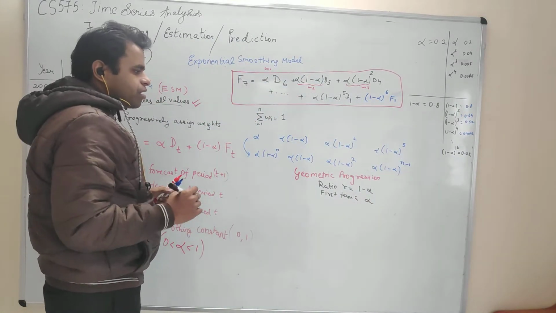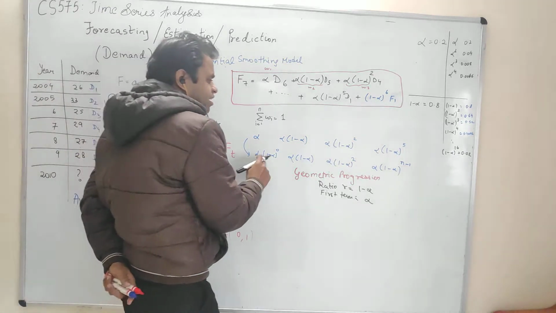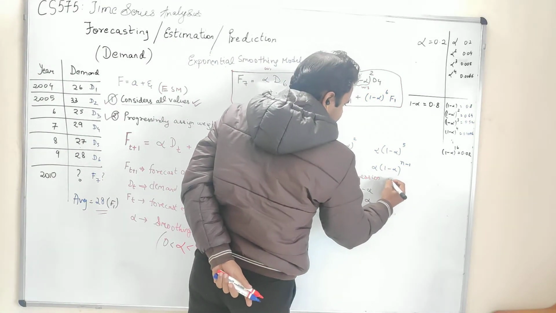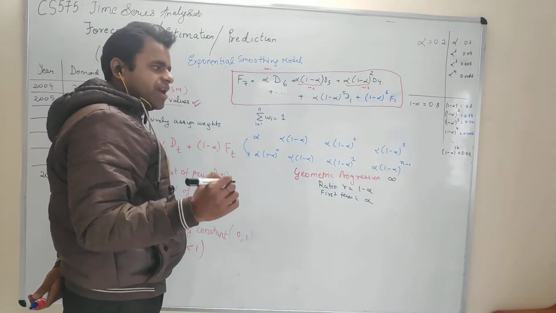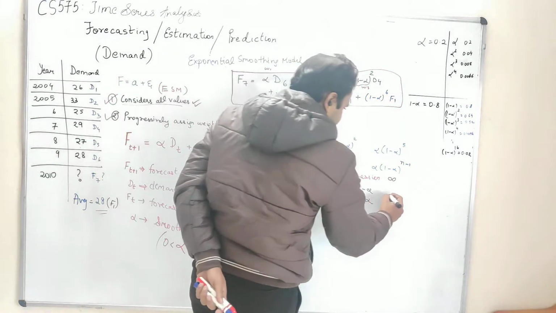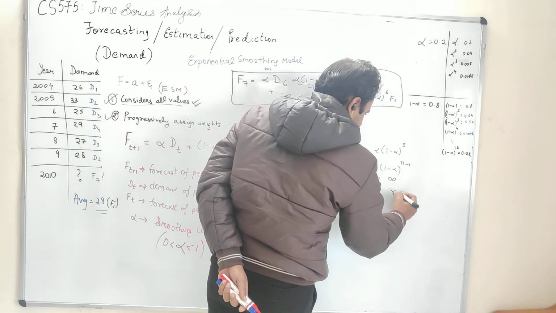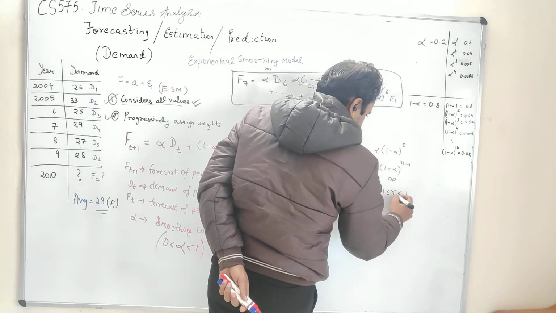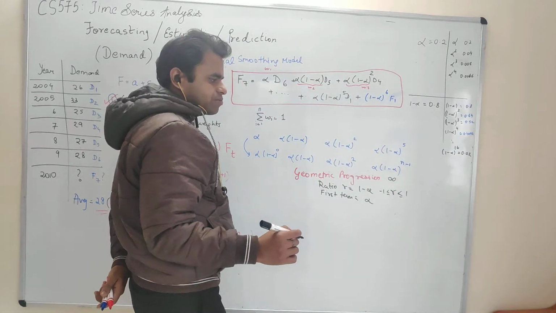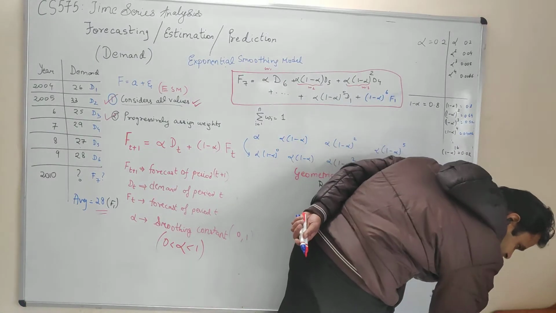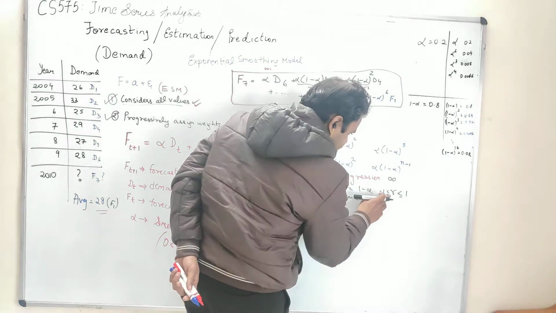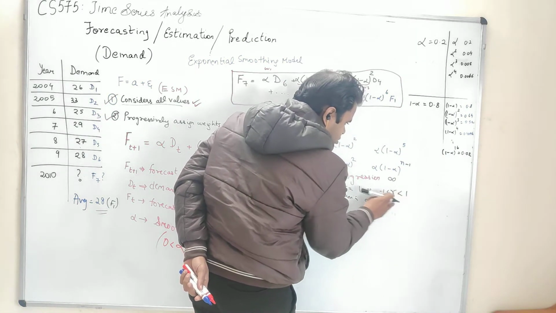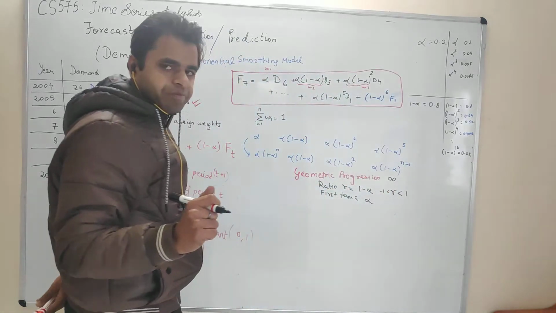Fine. Now if you see, this is an infinite geometric series. Basically n is infinity, and the common ratio R is between minus 1 and 1. Right?